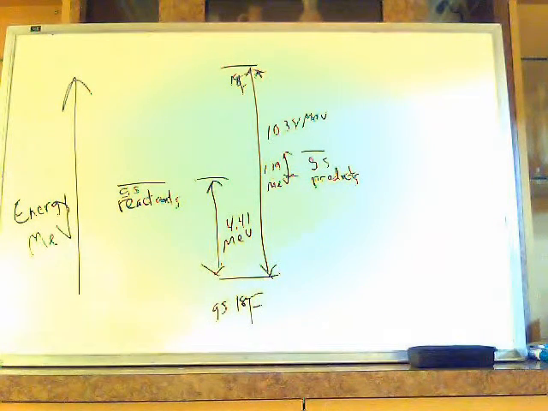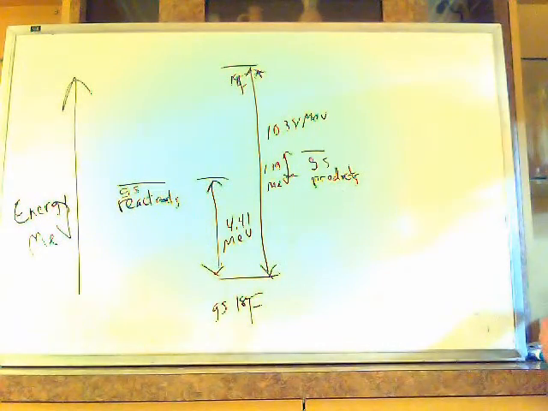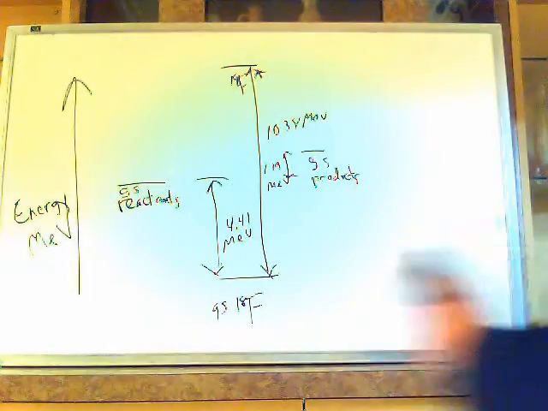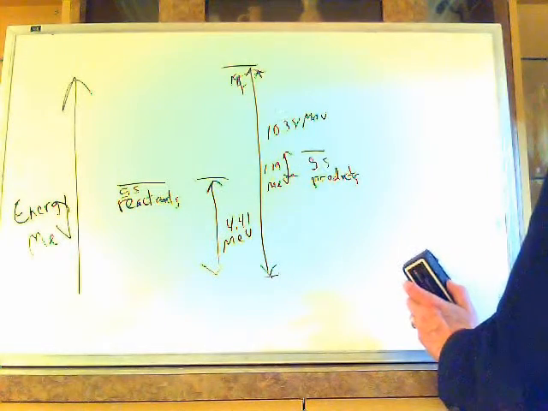Now, one of the things that we can do is look at how the Coulomb barrier varies with projectile and target nucleus, and that's done on page 125. It's done for two different projectiles, one being a proton and the other an alpha particle.